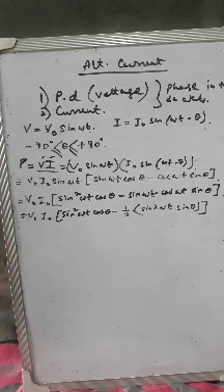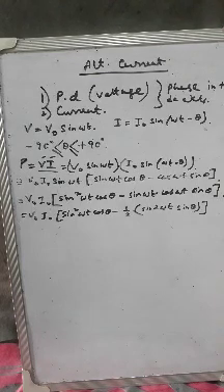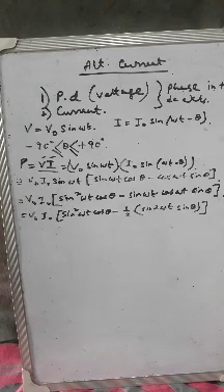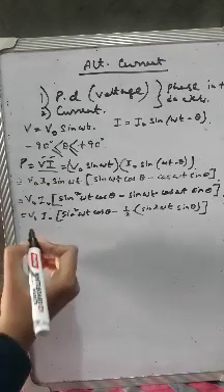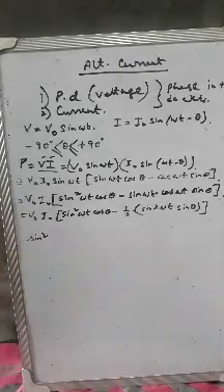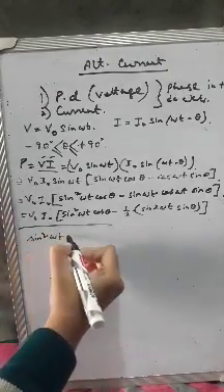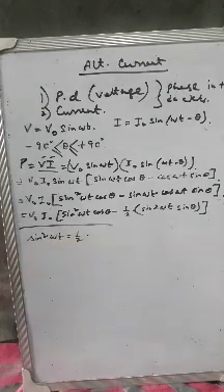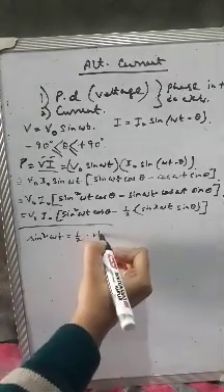Over a complete cycle, that means when the cycle is completed, the average of sine square omega t, its value will be half, just 1 by 2, and that of sine 2 omega t will be 0. I'm writing it here: sine square omega t is half, and sine 2 omega t's value is 0.